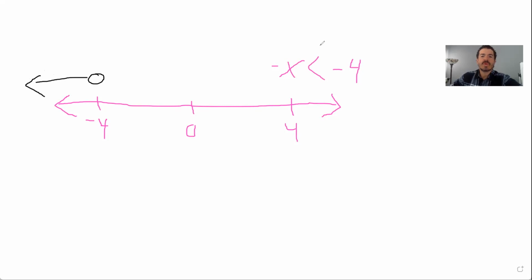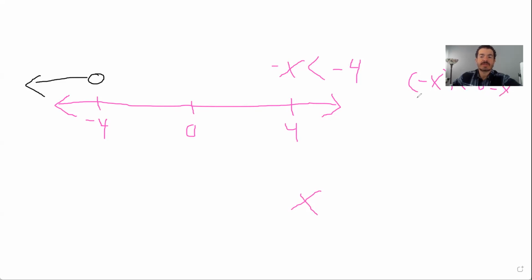So what is regular x? If negative x is less than negative 4, then what is regular x? Well, if I multiply both sides of this by -1, that's going to turn the negative x into a positive x. Negative x times -1 is going to give me a positive x.